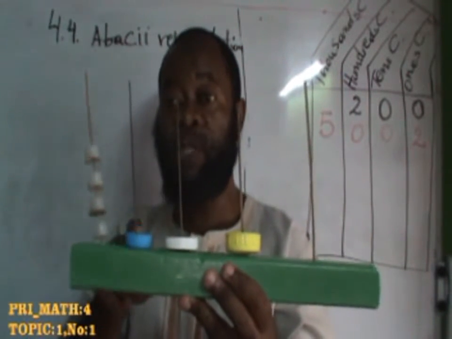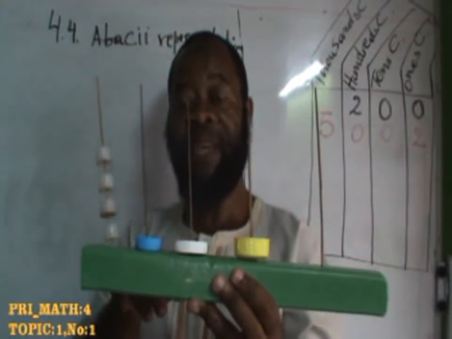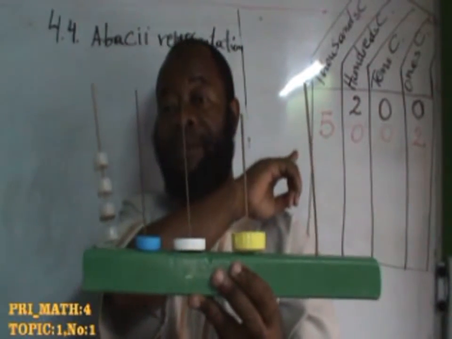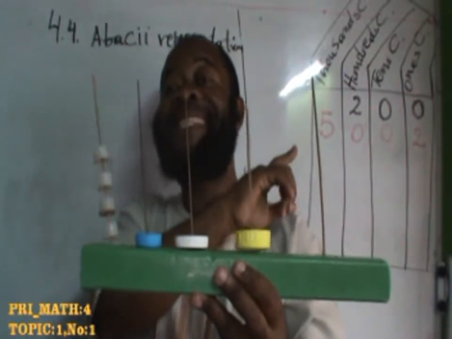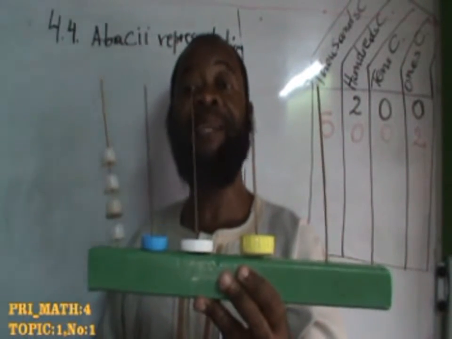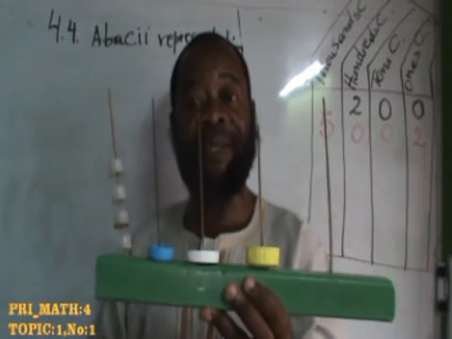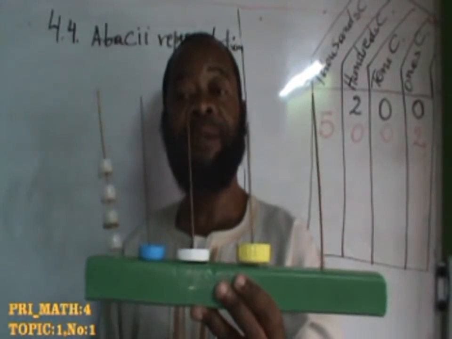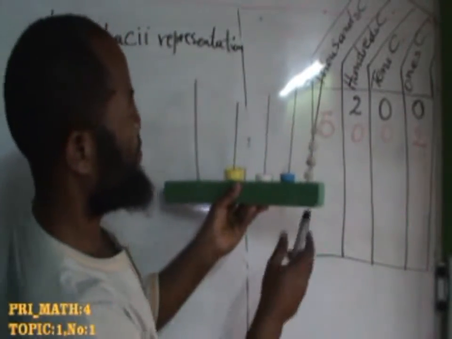Because if you put this representation in our tray representation, you will get exactly 1,114.